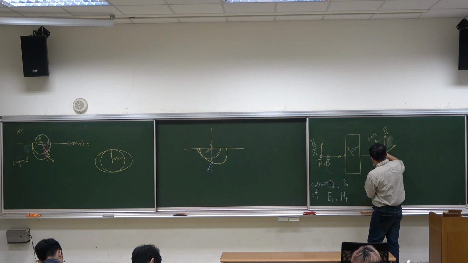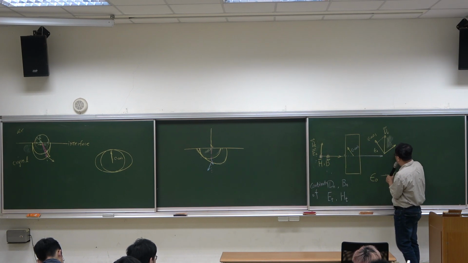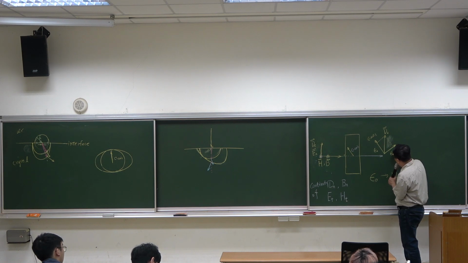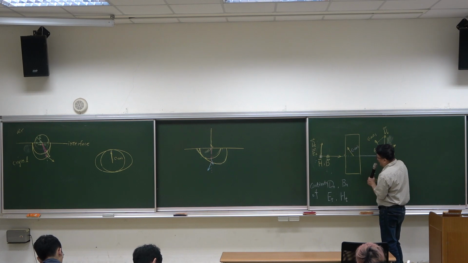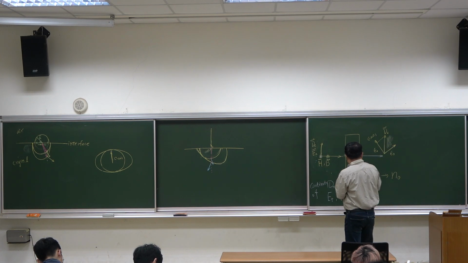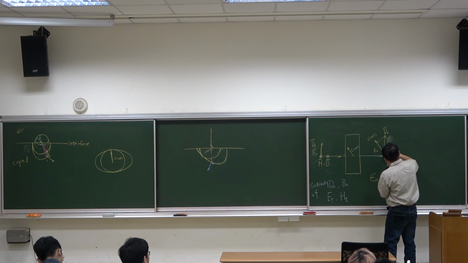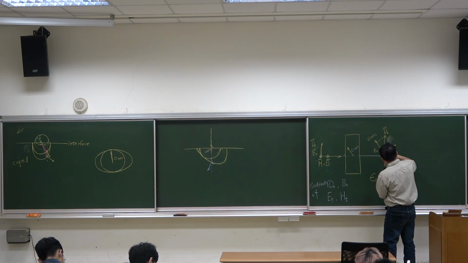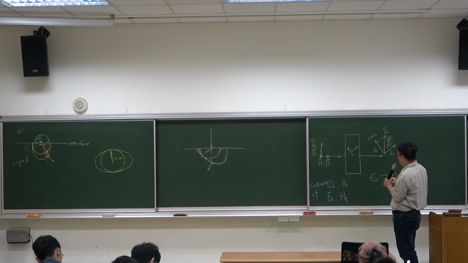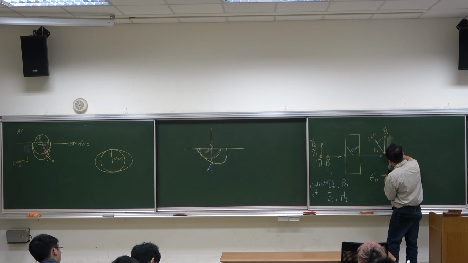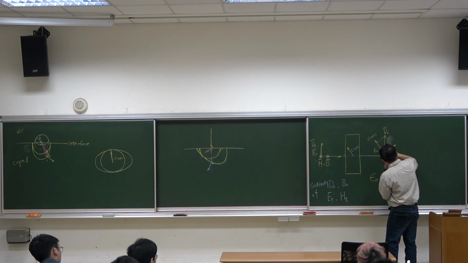Along this direction we have epsilon E, and along this direction we have epsilon O. So the E vector changes its direction. The direction might be changed to this direction.